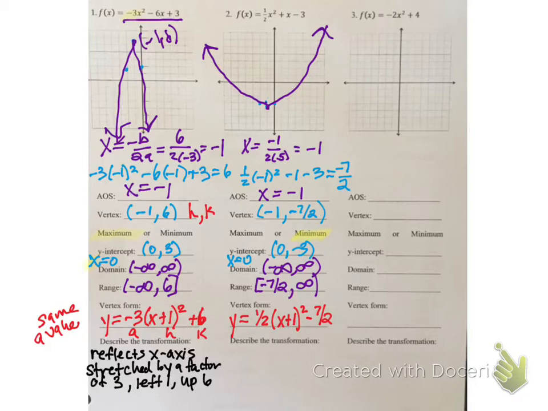Then to describe the transformation, it opens up, so I don't say that it reflects the x-axis, I just leave that alone. In this case, it has a fraction as an a value, so I would say compressed by a factor of 1/2. Then I would go left 1, down 7/2.